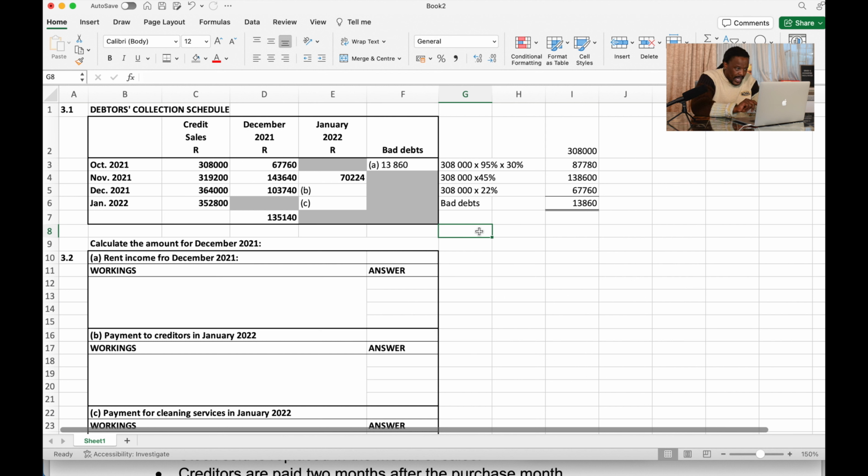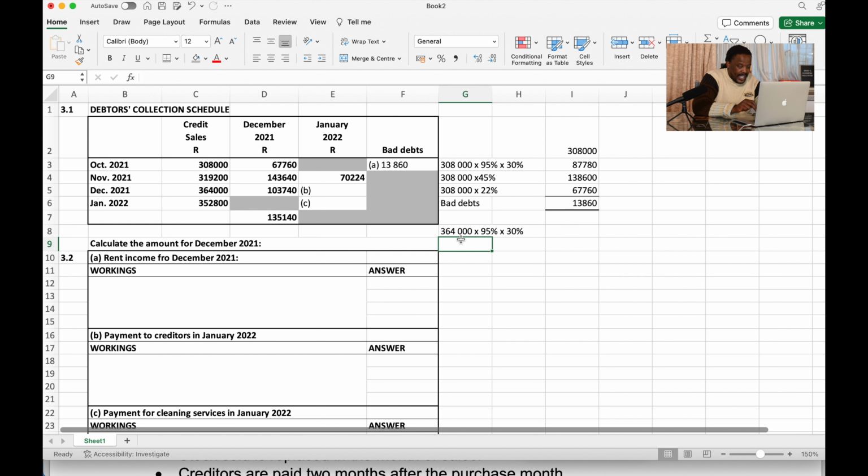So let's look at this 364,000 for December, because we want to arrive at this B. 364,000, just like we did the first one, times, which the first month was 95%. Why? Take advantage of that discount of 5%, multiplied by 30%. And when we do such, we're going to get this amount of 103,740.